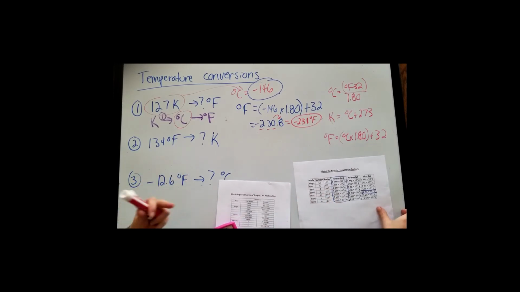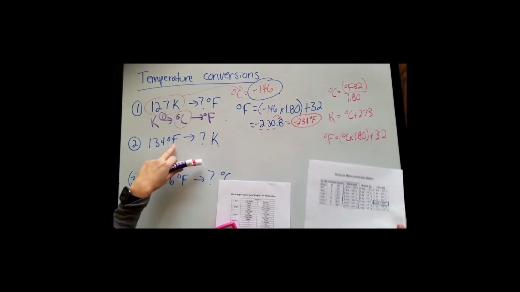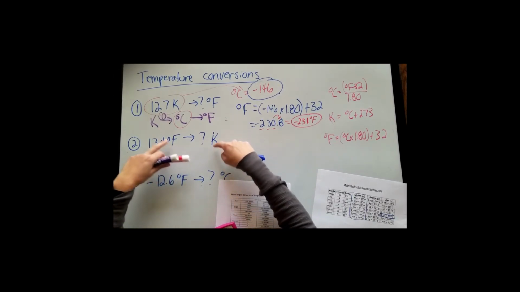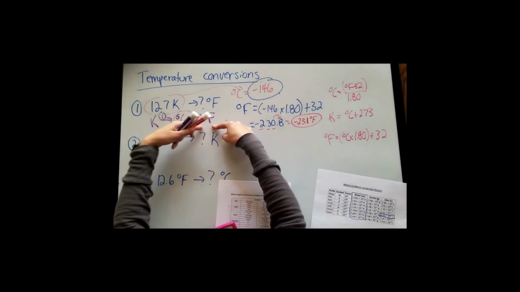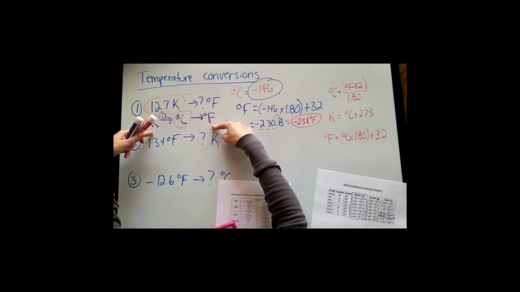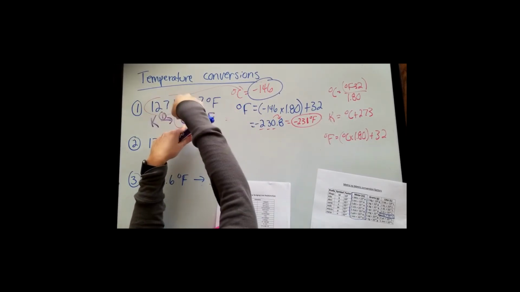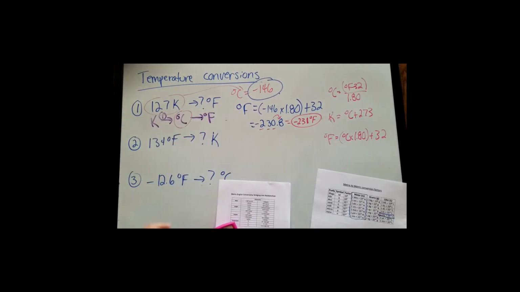The next one is going the opposite direction. This time we're starting with Fahrenheit and going to Kelvin. Now remember, we can't go directly from Fahrenheit to Kelvin, so it's going to follow this same path here. Okay, we're going to go to Celsius first, which is just the opposite direction. Fahrenheit to Celsius, Celsius to Kelvin.